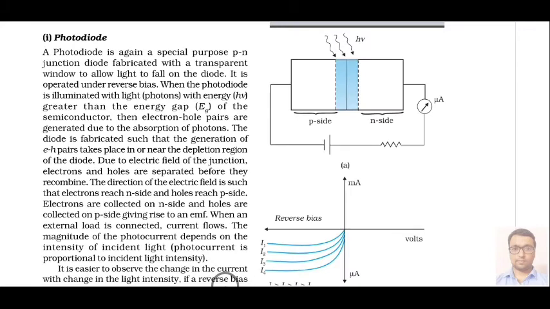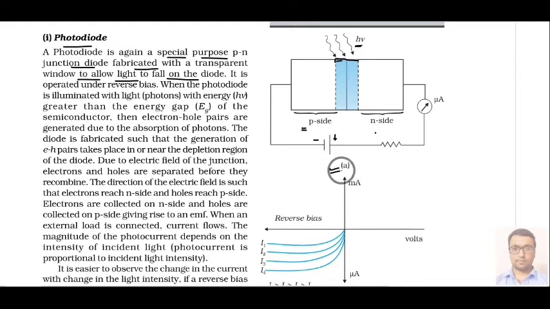Next we have the photodiode. A photodiode is a special purpose PN junction diode that is fabricated with a transparent window to allow light to fall on the diode. Basically it is reverse biased, with the P side connected to the negative terminal and the N side connected to the positive terminal.